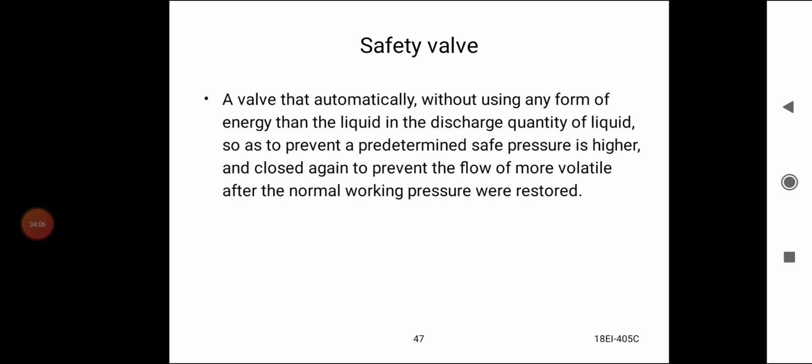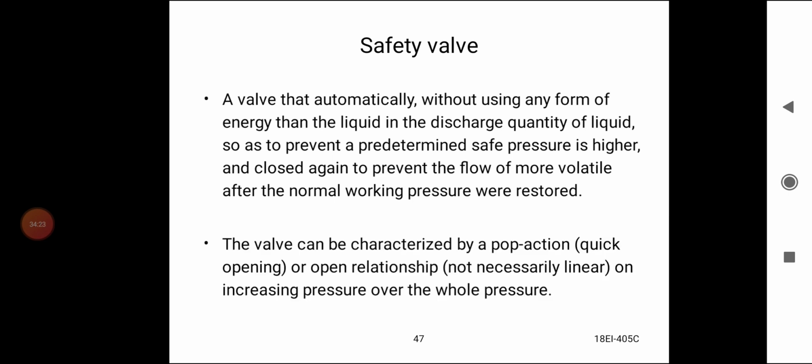Whenever the pressure is in low pressure state, automatically it will come back to closing the valve, restored to working pressure. The valve can be characterized by a pop-up action, quick opening or open relationship, not necessarily linear, and increased pressure over the whole pressure.